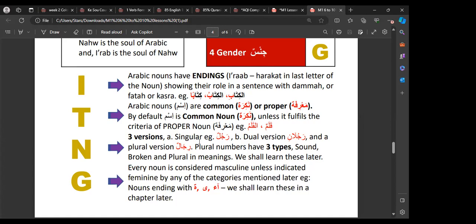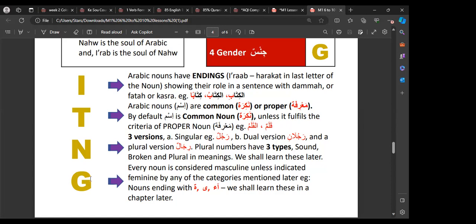As we mentioned in last week, in Arabic we have the dual version, which we don't have in English. Plural numbers have three types: sound, broken, and plural in meaning. This is something we will come to later. All you need to know for now is that there are three versions: singular, dual, and plural. We'll get into sound, broken, and plural in meaning later, inshallah.